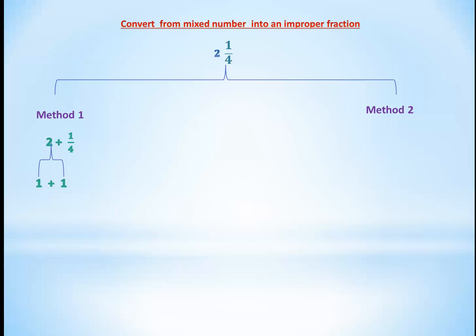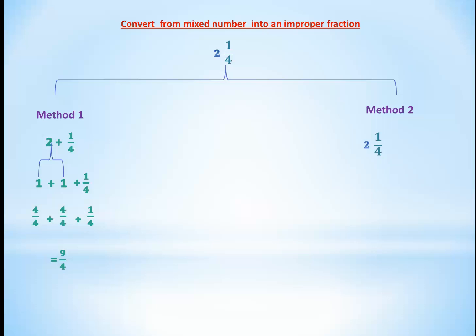So here 2 contains 1 and 1, so it will be 1 plus 1 plus 1 fourth. Each 1 represents 4 fourths because we have 4 as the denominator. So we will represent it as 4 fourths plus 4 fourths plus 1 fourth. It will be 4 plus 4 plus 1, 9 fourths.